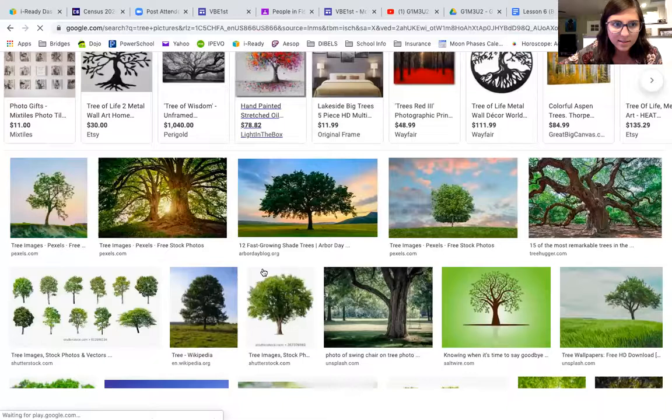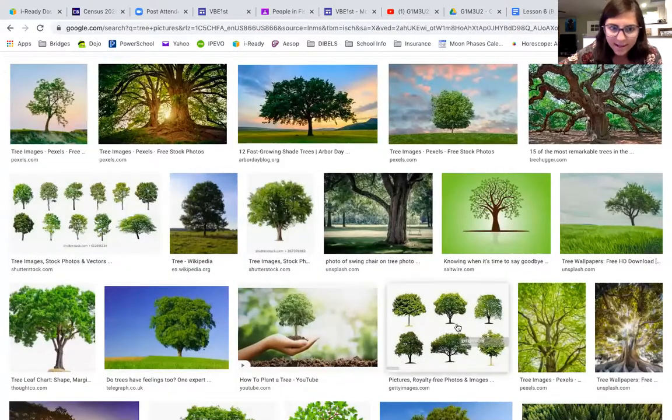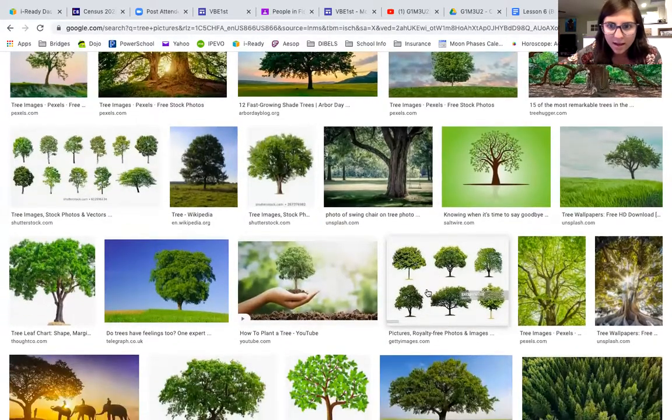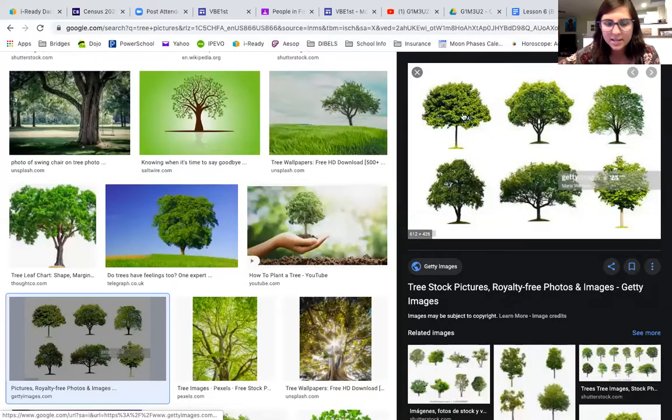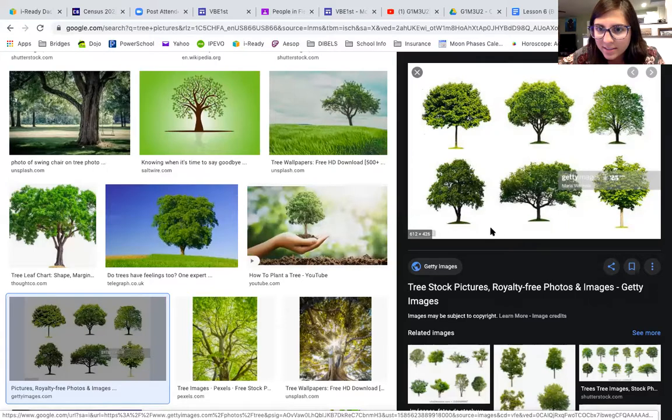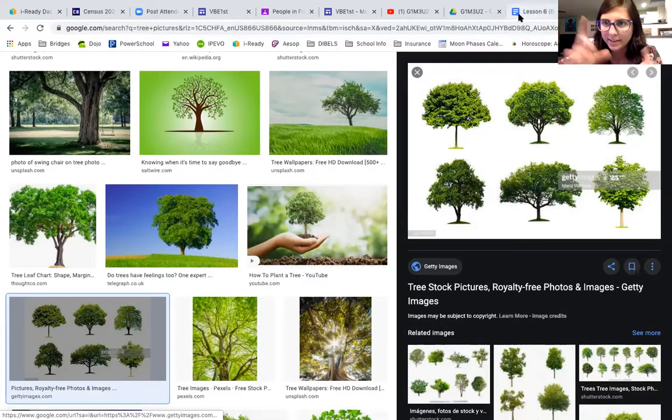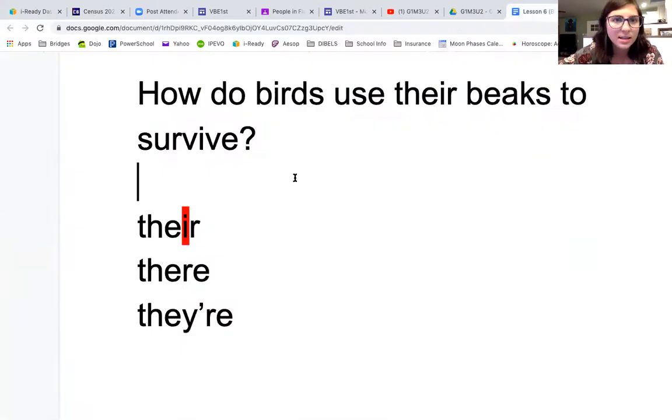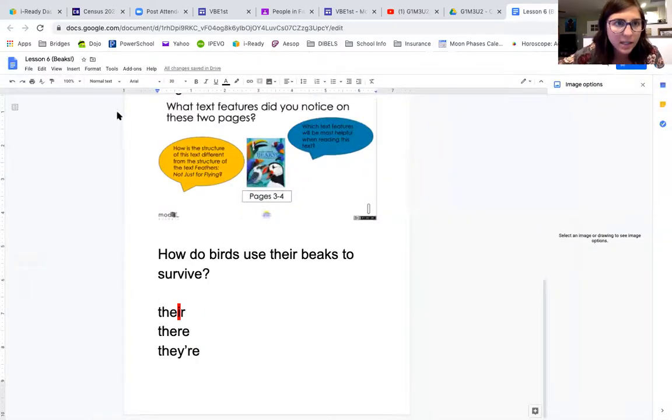Let's take a look, you guys. Let's look up. Ooh, I like these trees. So I can take a screenshot on my computer. So I'm gonna clip that. You heard it. It sounded like a camera, right? And I'm gonna come in here to my document.